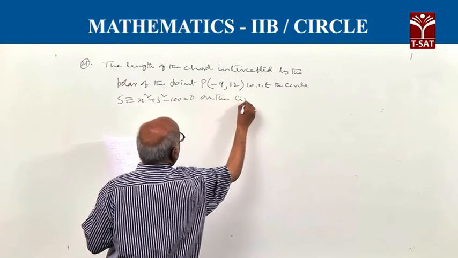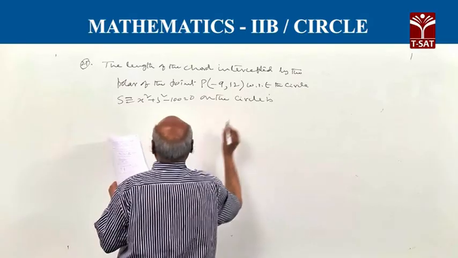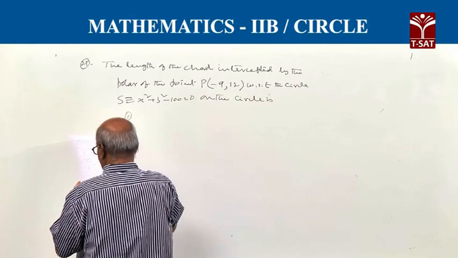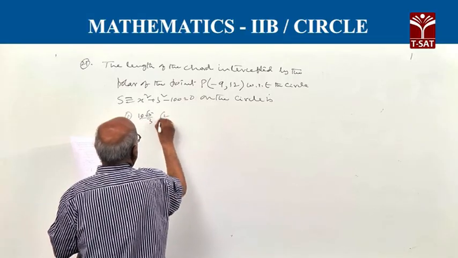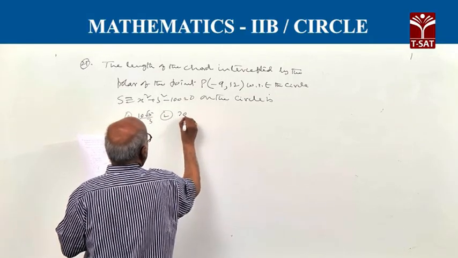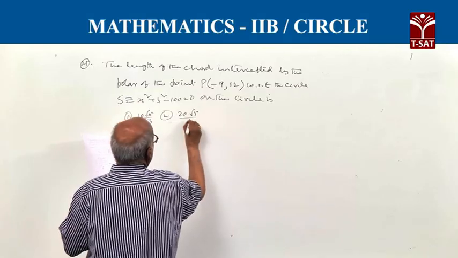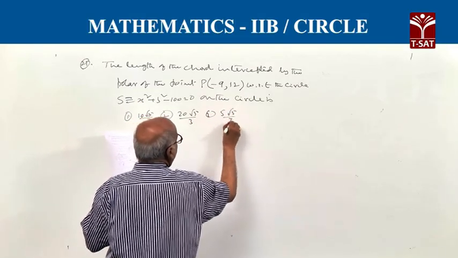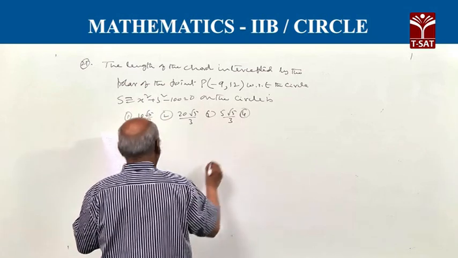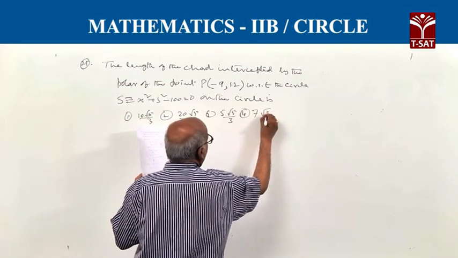Options: number 1, 10 root 5 by 3; number 2, 20 root 5 by 3; number 3, 5 root 5 by 3; number 4, 7 root 5.